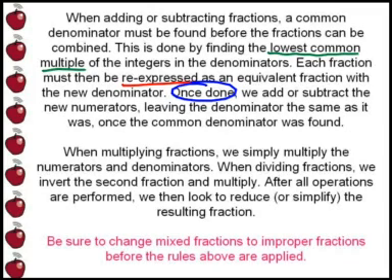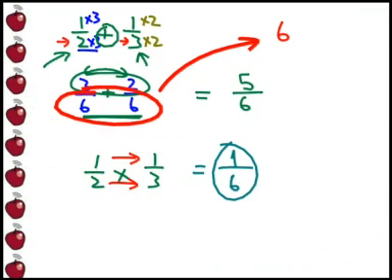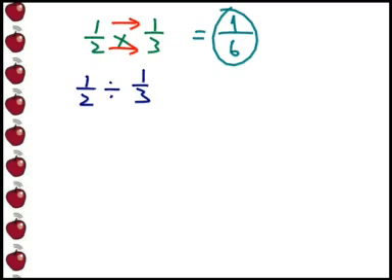Very simple operation there. When dividing fractions, we invert the second fraction and multiply. Now what do they mean by that? If we divide fractions, so we've got a half divided by a third, which means, according to that rule, we invert the third, so that will become 3 over 1.